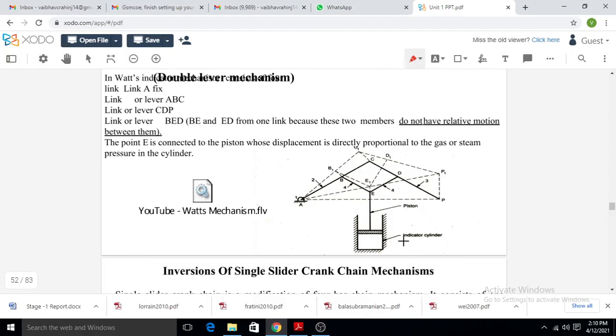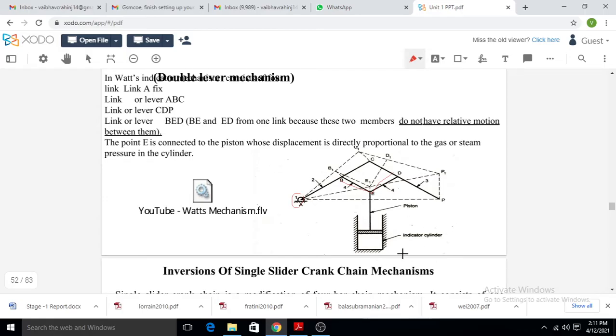So here, the indicator cylinder is a fixed link. And here is also one pivot, so it is also fixed. Then this link A to C is link number 2. This link C to P is link number 3, and this B to E and E to D is link number 4, so it consists of 4 links.